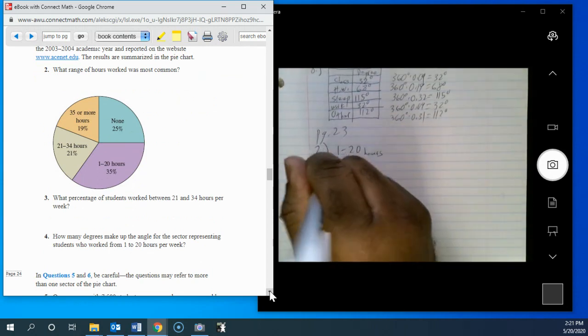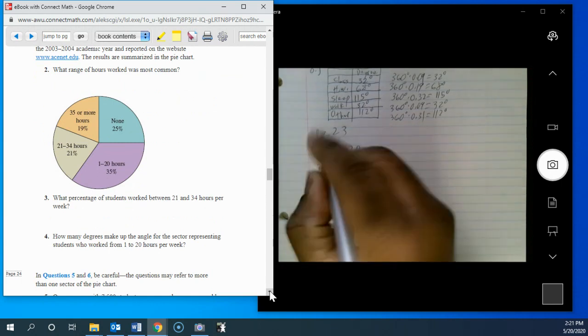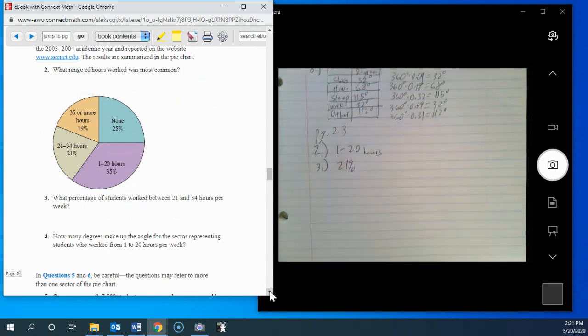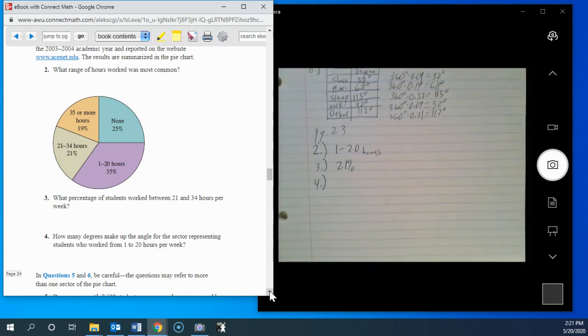Okay, number 3. It says, what percentage of students work between 21 and 34 hours per week? And that's given to us. You said 21%. Yep, 21%. Number 4. Now, this is a quick blast from the past. It says, how many degrees make up the angle for the sector representing students who work from 1 to 20 hours per week?